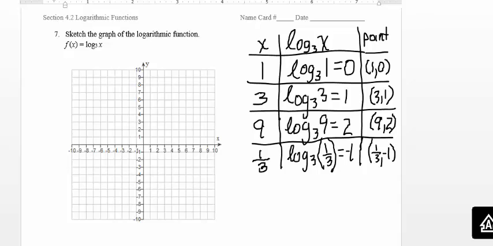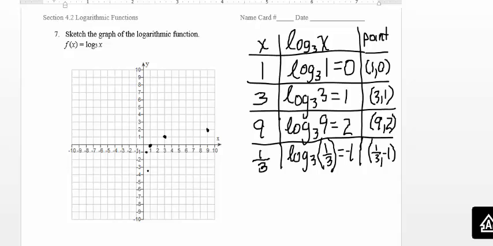So let's plot these points. When x is 1, y is 0. When x is 3, y is 1. When x is 9, y is 2. When x is 1/3, y is -1.